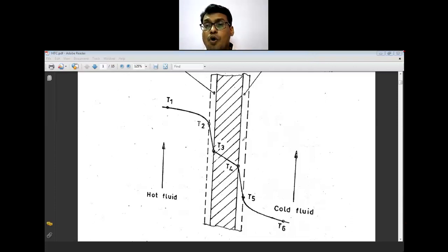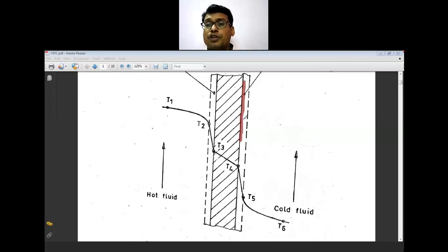On this metal surface there is scaling or dirt that has been formed, and this dirt is also providing resistance for the heat transfer.